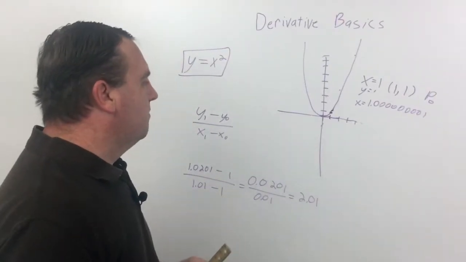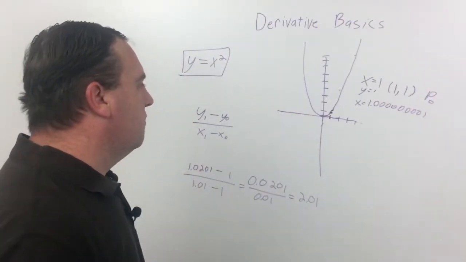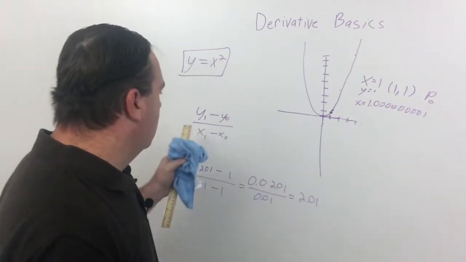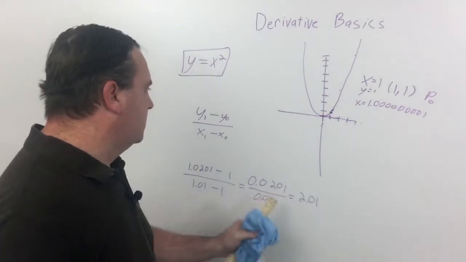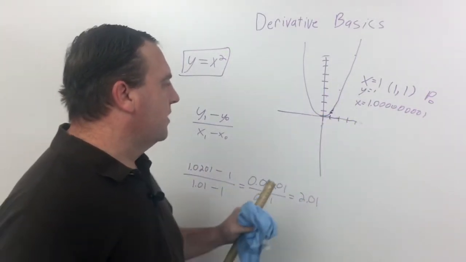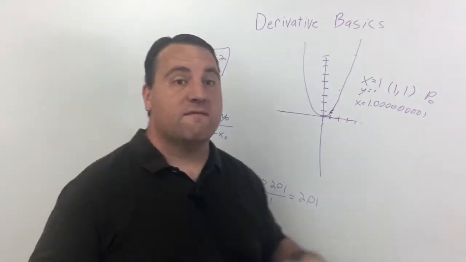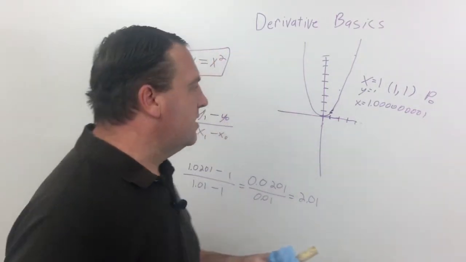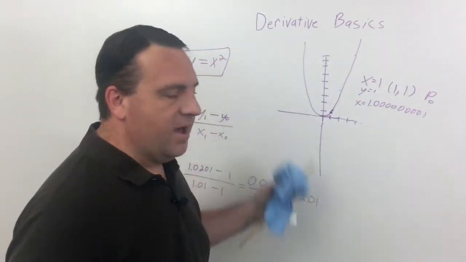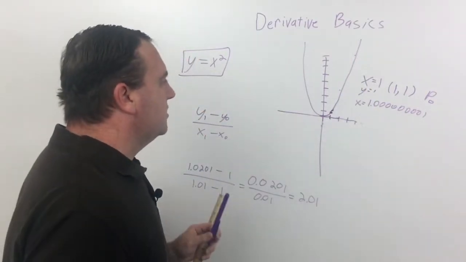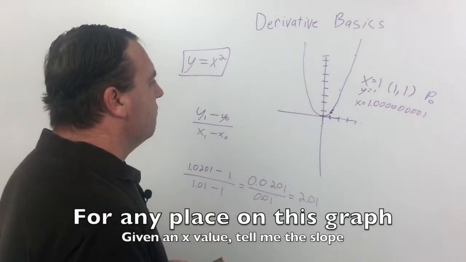Let's consider what we would do if we wanted a general solution to this. By a general solution, here we picked out two particular points, and then we calculated everything and came up with a value. But what if we wanted a formula that said, for any place on this graph, I want to know the slope?